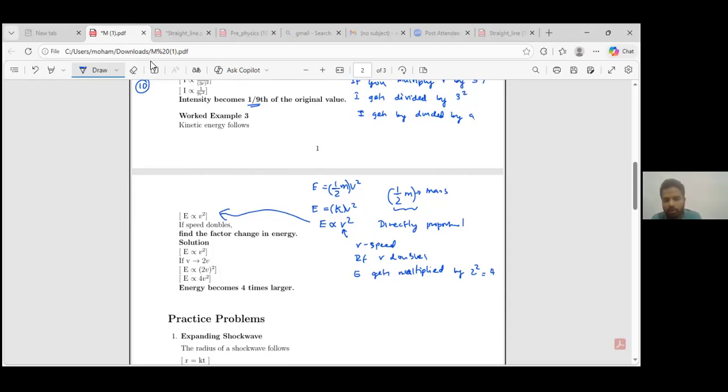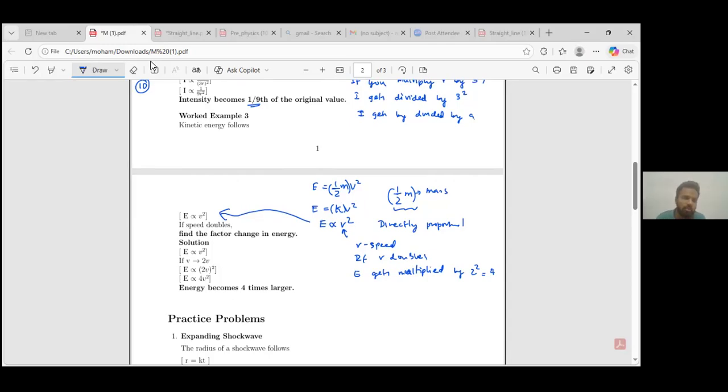But later on in your final paper, the relationships should be figured out by you. You should understand what sort of proportionality exists, whether it's directly proportional or inversely proportional. Based on the relationship, you should be able to figure out what happens when you increase or decrease a certain quantity.